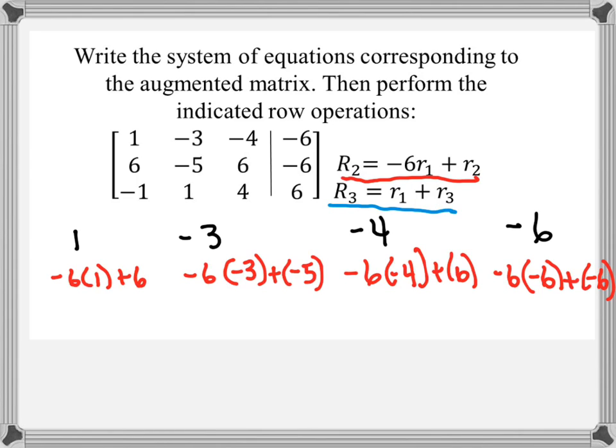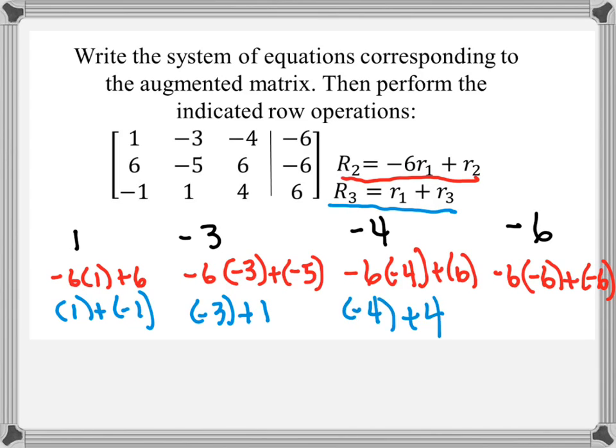The rule in our third row says that our new row 3 will equal row 1 plus our old row 3. So when we add together these rows, we'll get 1 plus negative 1, negative 3 plus 1, negative 4 plus 4, negative 6 plus 6.